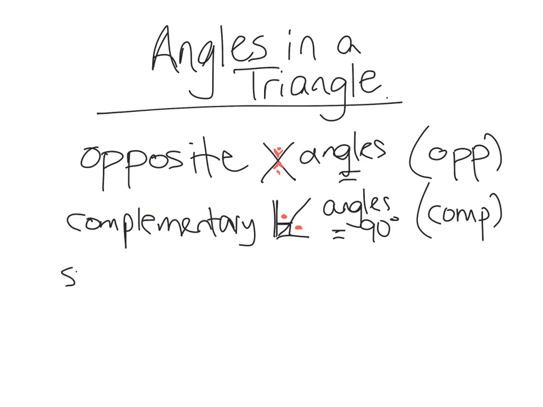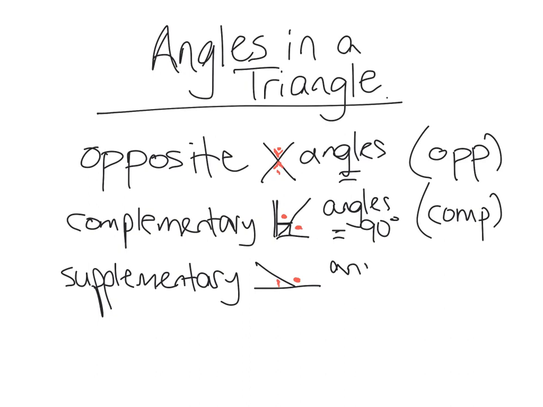The last one is the supplementary angles, and your diagram could look like that, and we've got one angle sitting here, we've got another angle sitting there, and we know that those angles combined, and there could be more than two, I could put another one in there, so it doesn't have to be two angles.